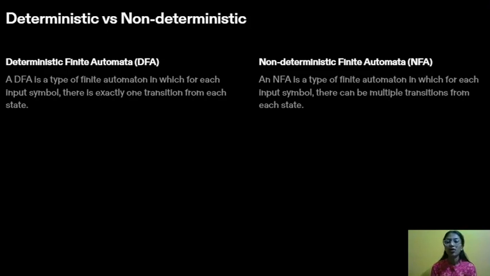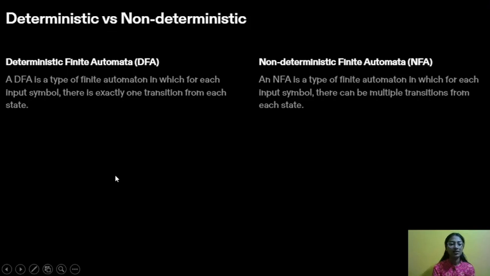Deterministic versus non-deterministic: a DFA is a type of finite automata in which, for each input symbol, there is exactly one transition from each state, whereas in an NFA there are multiple transitions from each state.